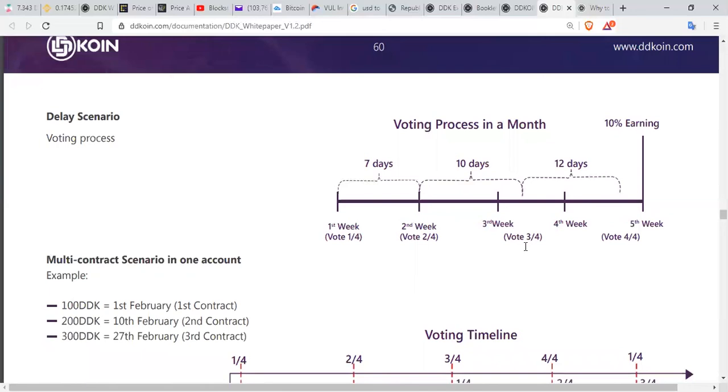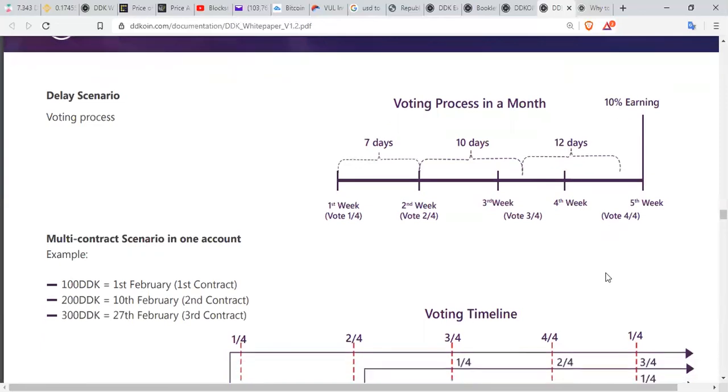That will be counted as your third vote, and if you miss again the additional 7 days, and it took you 12 days after your third vote has been done, so ang pag-earn na ninyo ng inyong 10% will be on the 5th week, kung saan kayo nagkaroon ng 4th vote.